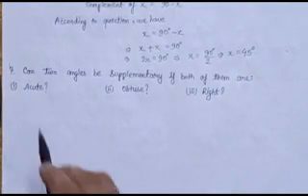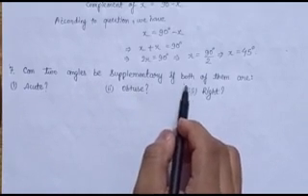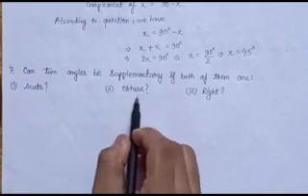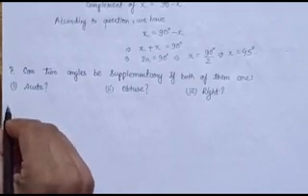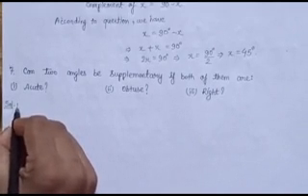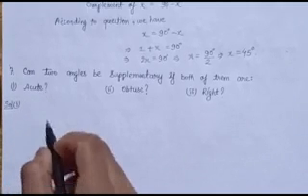In this question, it is asking, can two angles be supplementary if both of them are first acute, second obtuse, and third right? So let us see the solution of each of these one by one. So students, you know what is an acute angle?